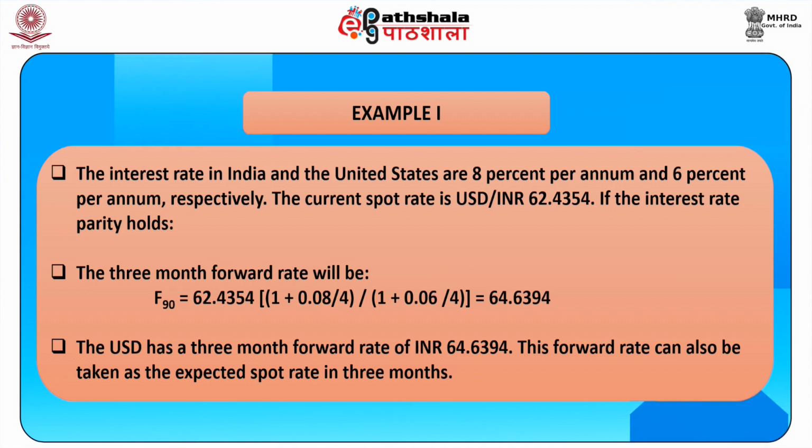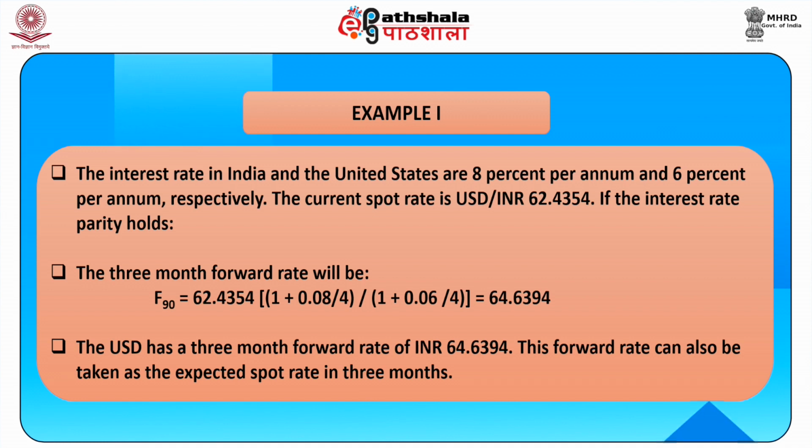Solution: the 3-month forward rate will be F90 = 62.4354 × (1 + 0.08/4) / (1 + 0.06/4), which is equal to 64.6394.